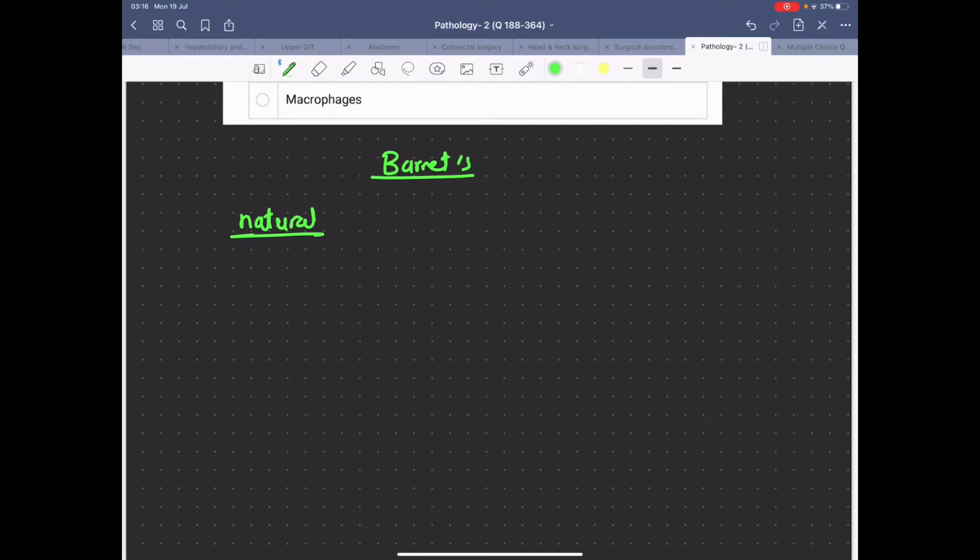So you will be having a man, mostly a man, who is a smoker and obese, and presented to you with a very long history of dyspepsia and burning sensation on the back of the sternum for so long.